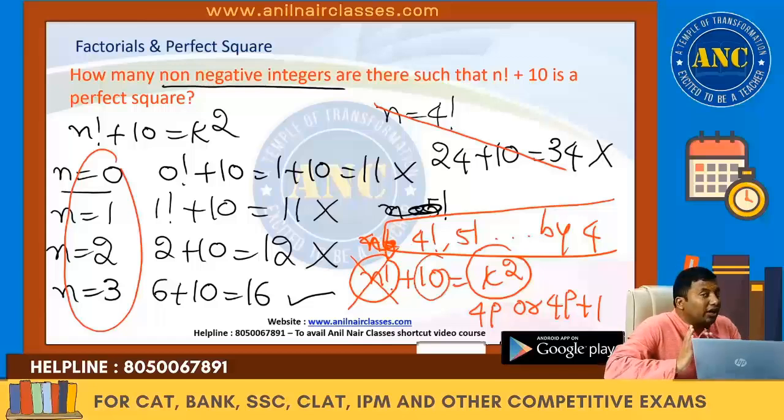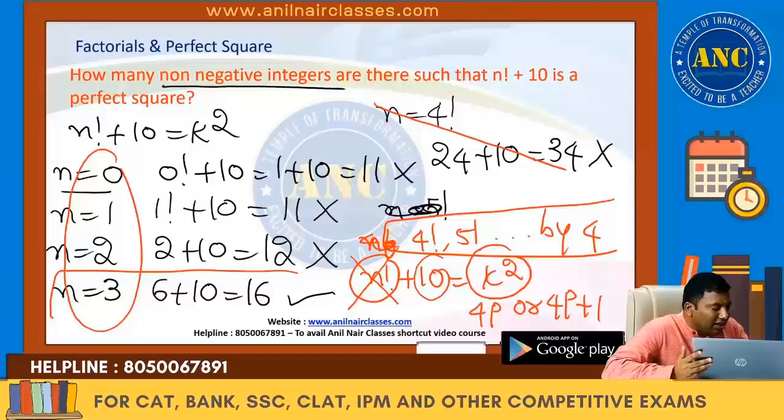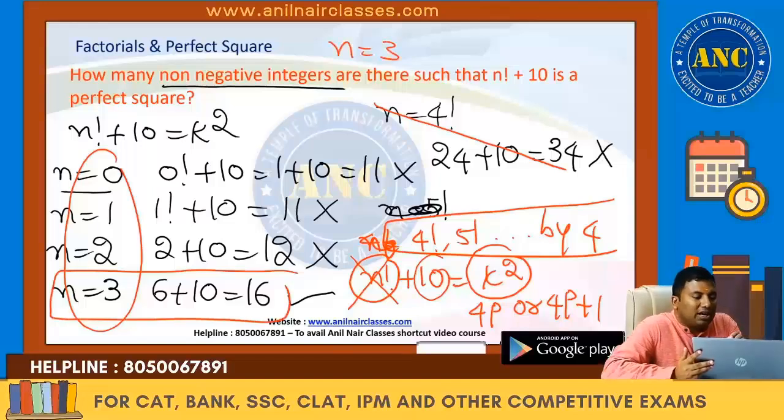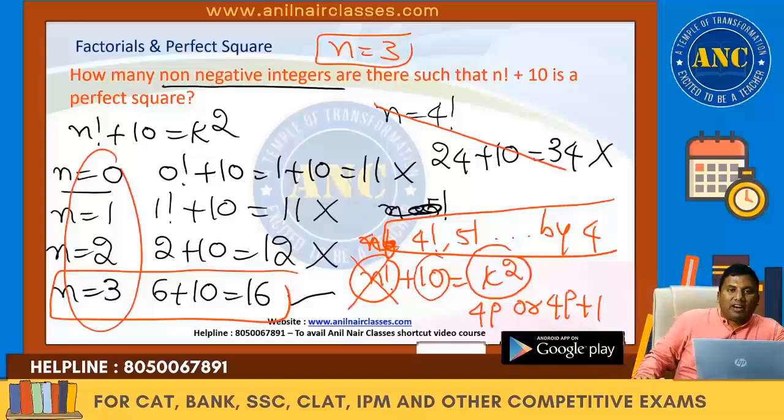The 4k plus 2 form does not arise. That means from 4 factorial onwards, I will never get a number which, when you add 10, becomes a perfect square. So only one value is possible, that is n equal to 3. I hope it is clear. 3 factorial is 6, 6 plus 10 is 16. It is a perfect square.